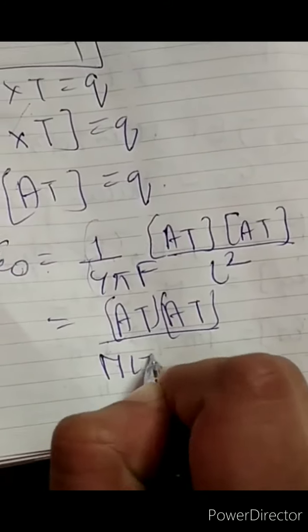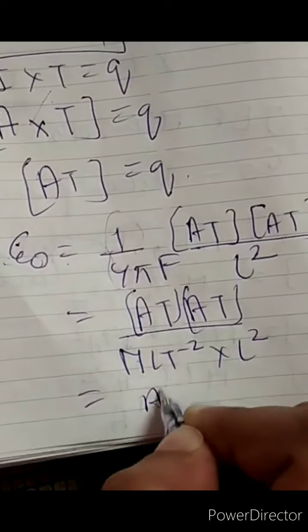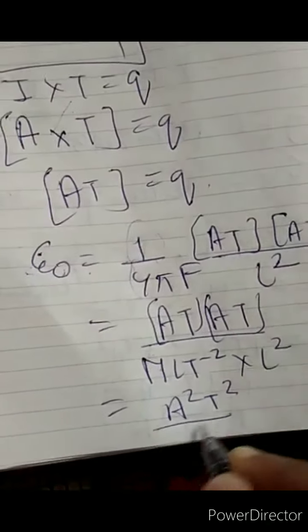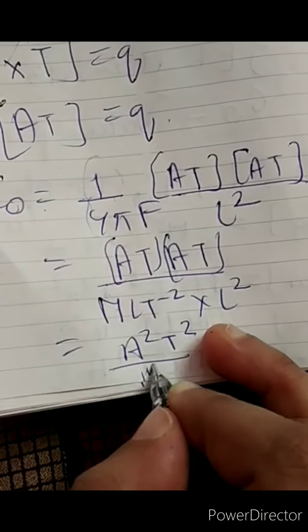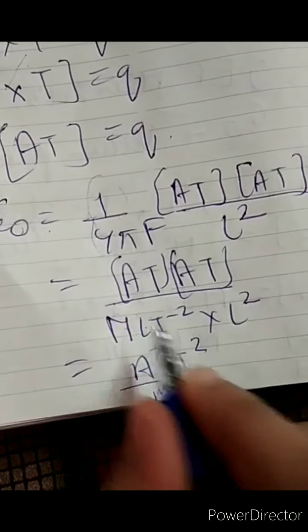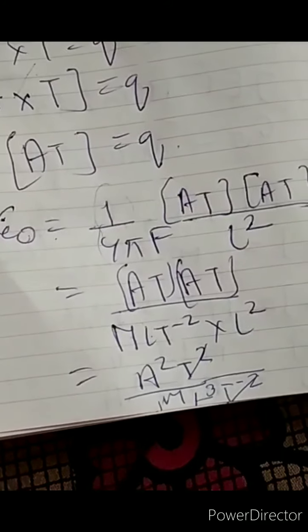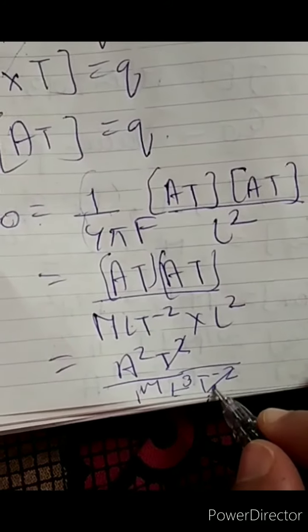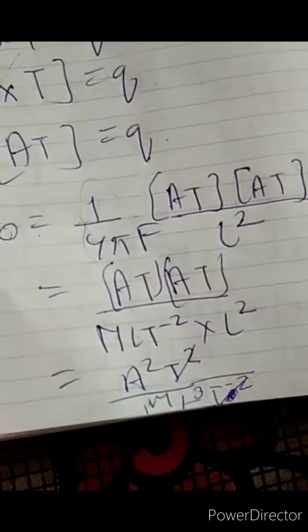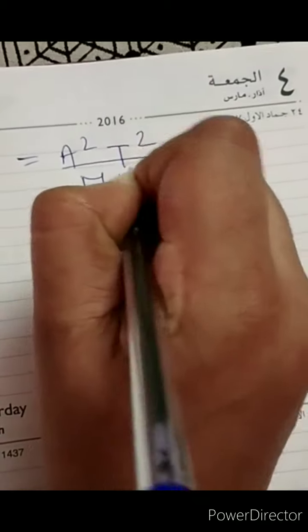Force is mass into acceleration. So epsilon equals A square T square upon M L cube T minus 2. Let me rewrite it.